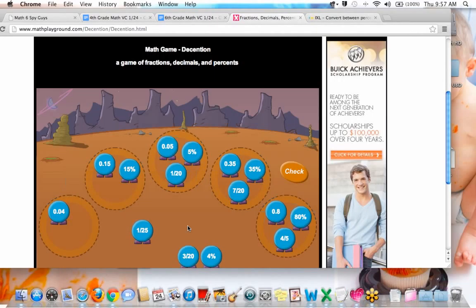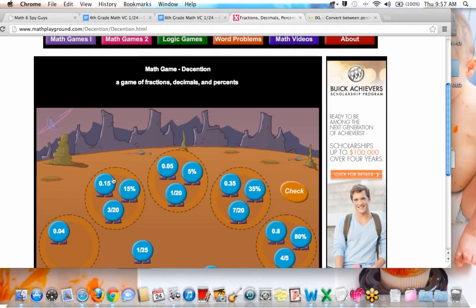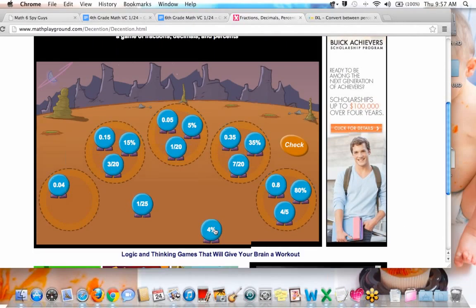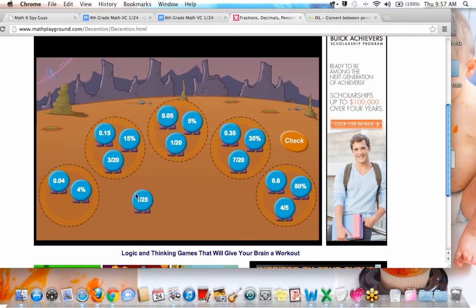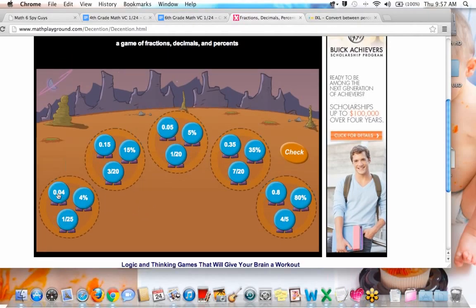Good job, TJ. 15 hundredths can be reduced to 3/20ths. Good. Now, why is this not scrolling down? There we go. You can probably start to look at these and start seeing the relationship between all of them.